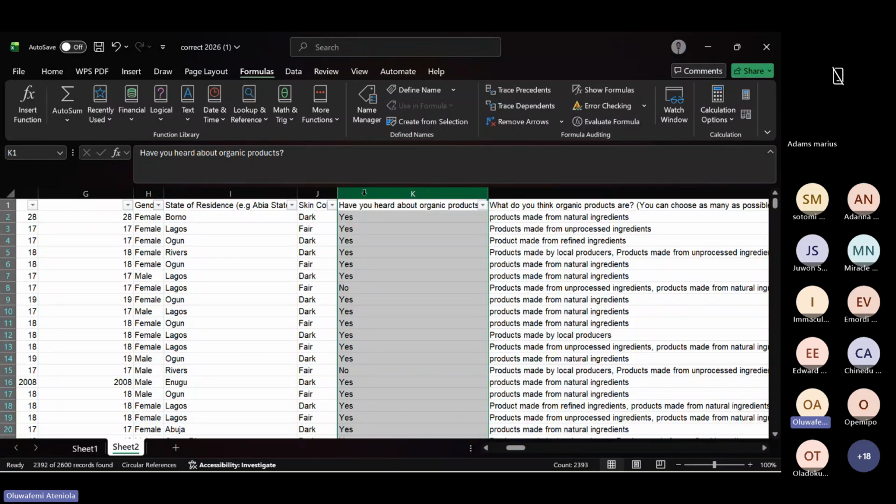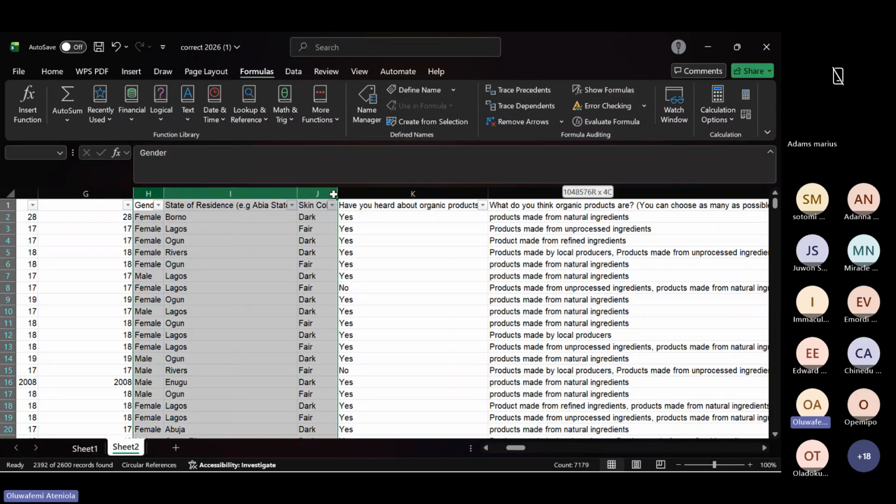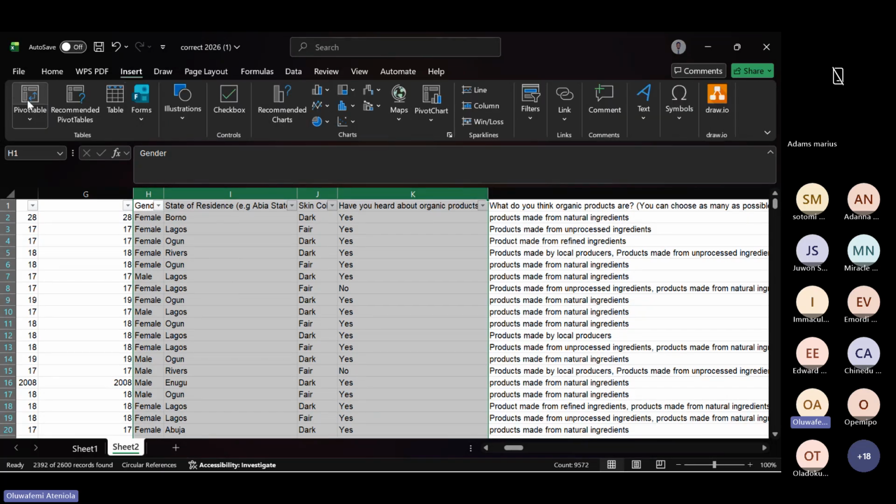We also have a column saying, okay, I'm dark skinned, I'm fair, depending on how you want to go about it. So we can use the pivot table to quickly look into this. To get that done, we are going to highlight these 3 columns or the 4 columns we want to use to answer these questions. And then when you go to your insert tab at the top here, you will notice that you have something called pivot table.